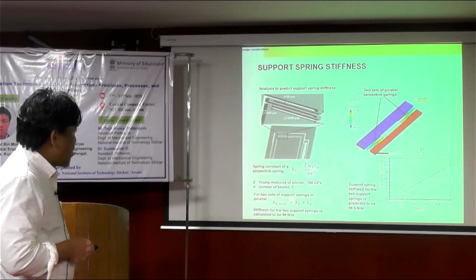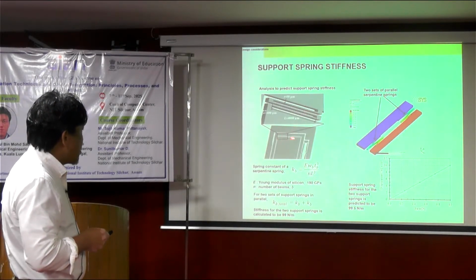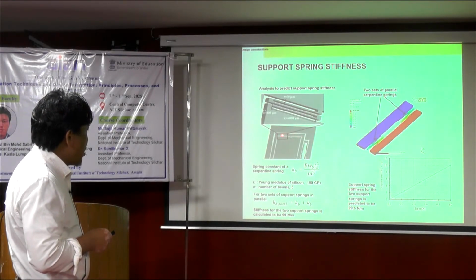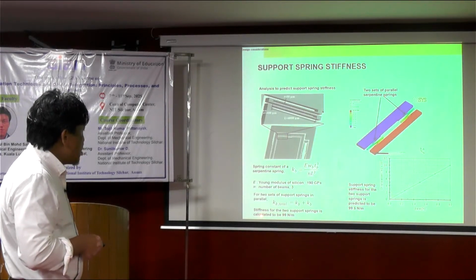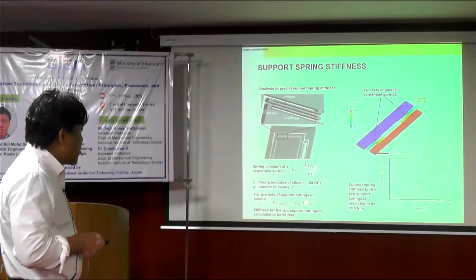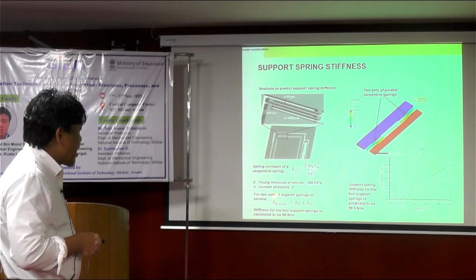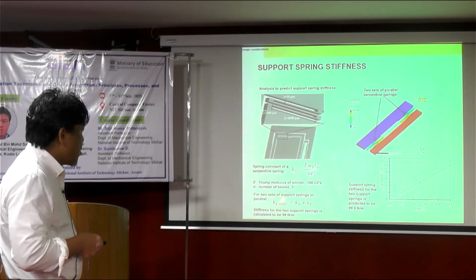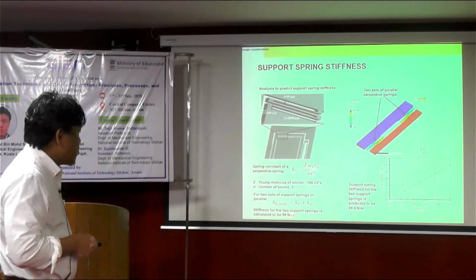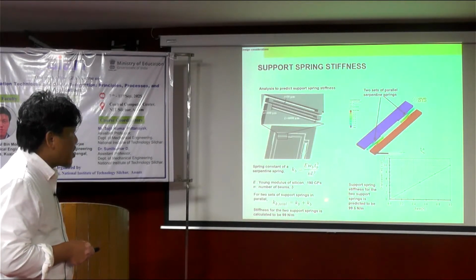Then for 2 sets of support spring, which is 1 and 2, 1 to the left and right, we can calculate the total, which is this equation to just add on with the total number of springs. So the stiffness of the support spring is calculated to be 99 Newton per meter.